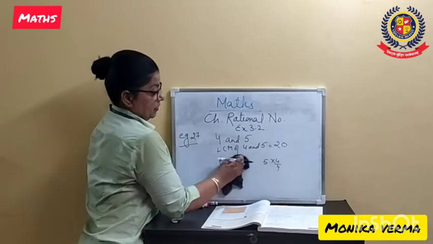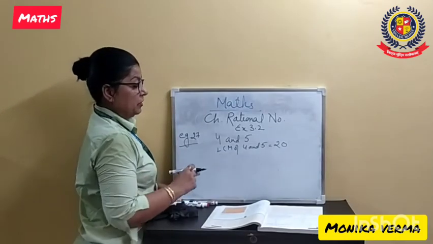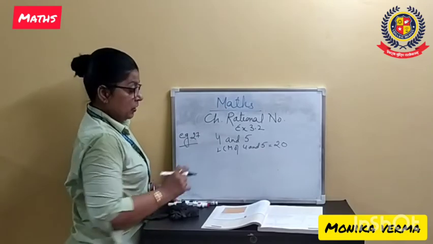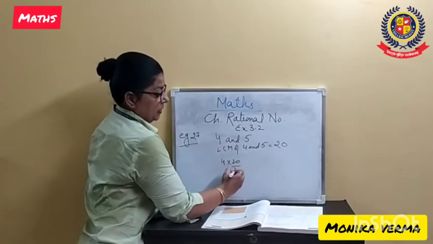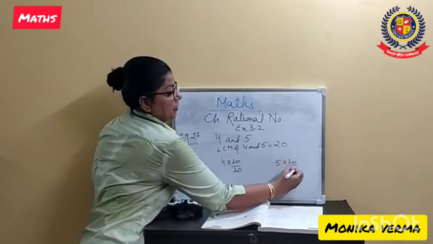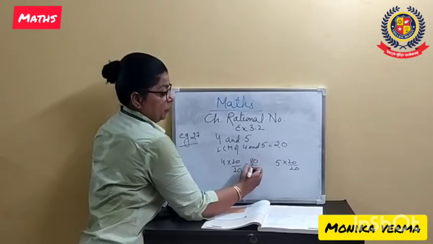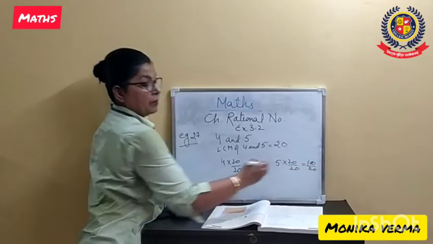No, not this way. We need the denominator as 20, not the numerator, because we are having this. Okay. So when we need 20, we will write 4 into 20 by 20, and here 5 into 20 by 20. We got 20 into 4, 80 by 20, and here we got 100 by 20.